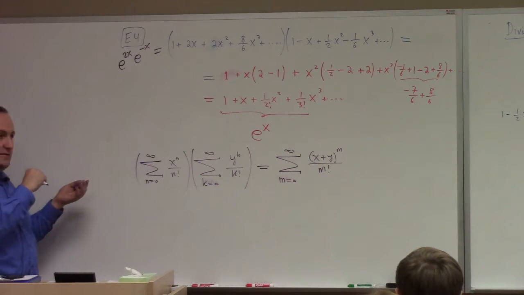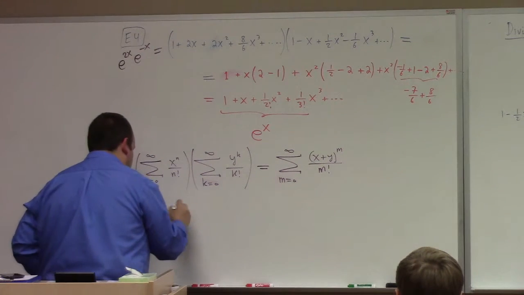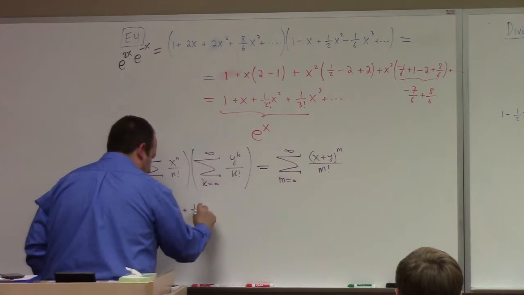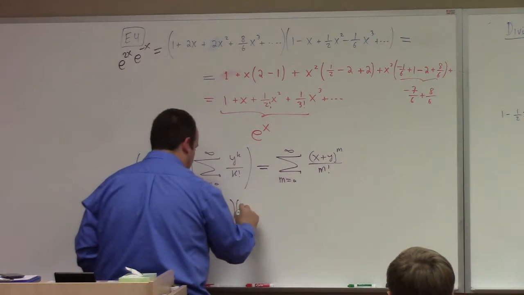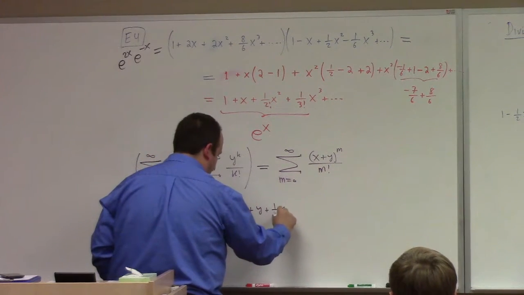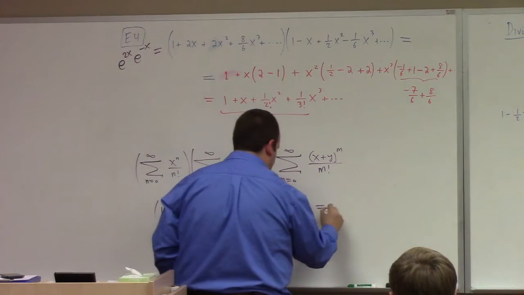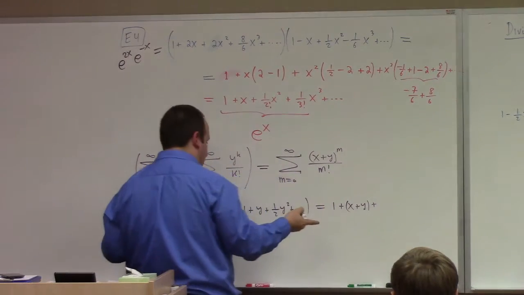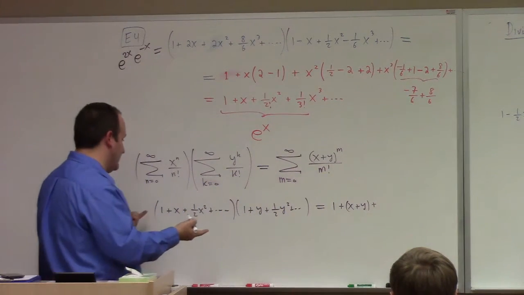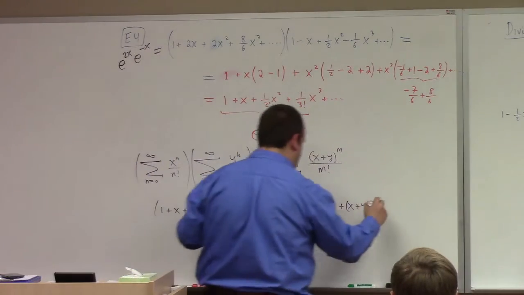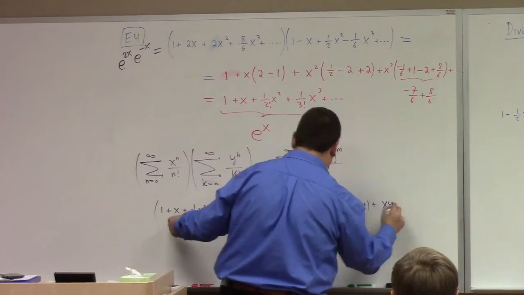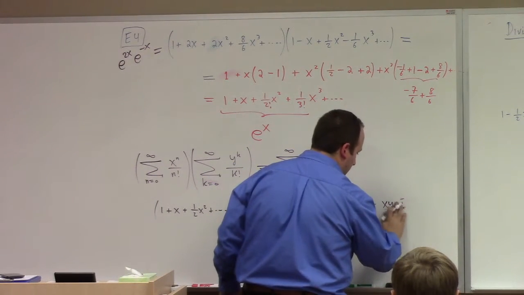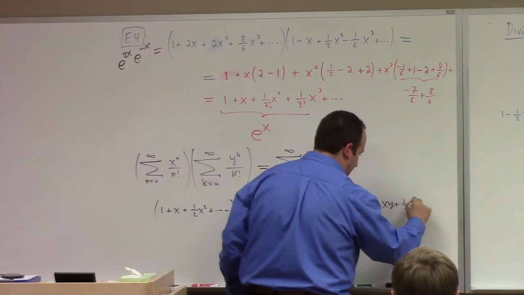All right? So let me just do a little bit of this. 1 plus x plus 1/2 x squared, right? So you multiply it, you get 1 plus x plus y, right? And then how about the squared terms? What do you get for squared terms? You get xy, you get 1/2 x squared, you get 1/2 y squared.